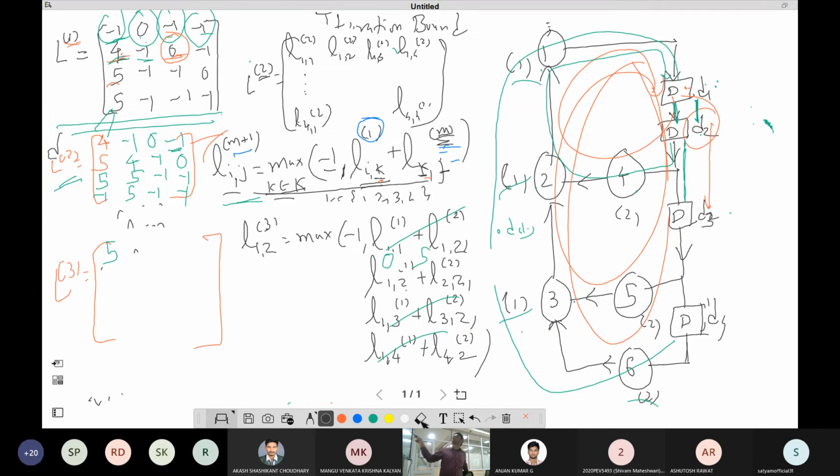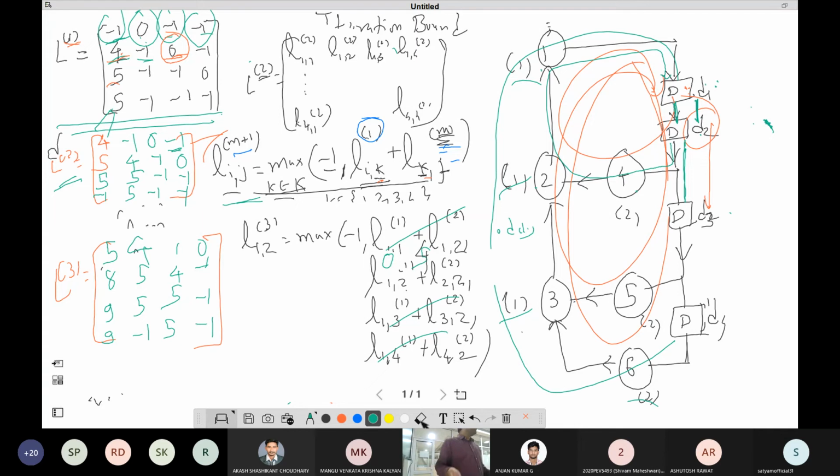L22 of 2 is 4, so it is 0 plus 4. So this value has to be 4 now. Okay, so find out the remaining elements. 1 0, 8, 9 9, 5 5 minus 1, 4 5 5 minus 1 minus 1 minus 1.